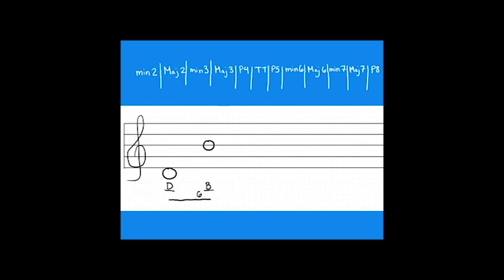Once you get them all in that order, you're going to write beneath them the numbers 1 through 12, starting with minor second. So 1, 2, 3, 4, 5, 6, 7, 8, 9, 10, 11, 12.